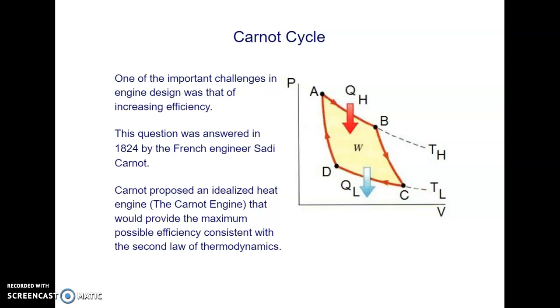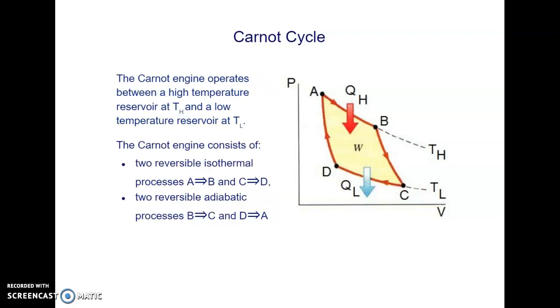What's going on here is that this is all reversible processes. Basically, you have a thermodynamic cycle occurring in such a way where you have two reversible isothermal processes and two reversible adiabatic processes. Looking at this cycle here, the process from A to B is an isotherm, and that's why you have this dotted line depicting some higher temperature.